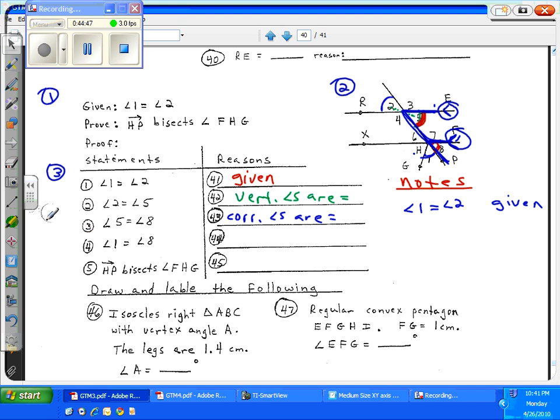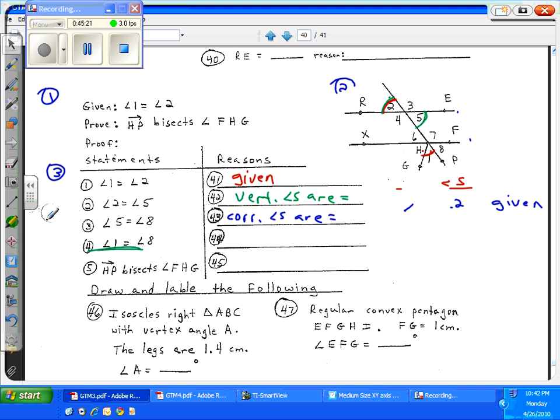And it says that angle 1 is equal to angle 8. Now, let me get some of that stuff out of the way so I can show you kind of what we did. We took the given and marked it. Angle 1 is equal to angle 2. And then we got to the statement angle 2 is equal to 5, and then we had marked that angle 2 was equal to angle 5 because they were vertical angles.